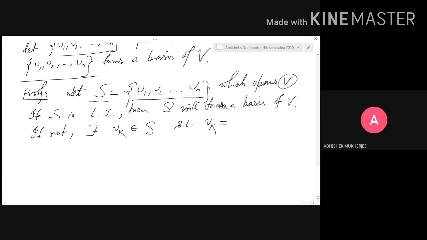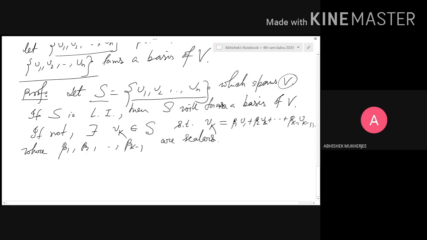That is, Vk = beta 1 V1 + beta 2 V2 + ... + beta k-1 Vk-1, where beta 1, beta 2, ..., beta k-1 are all scalars.